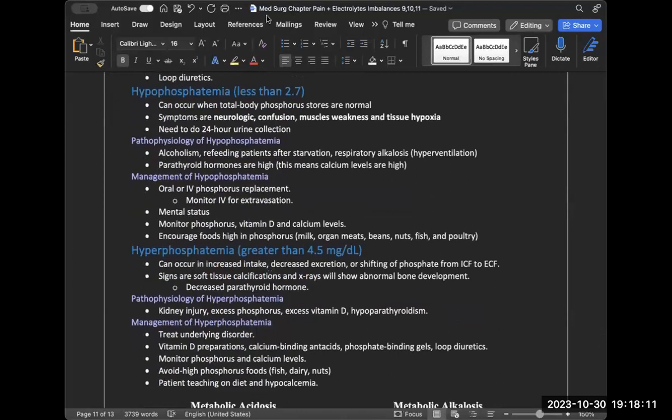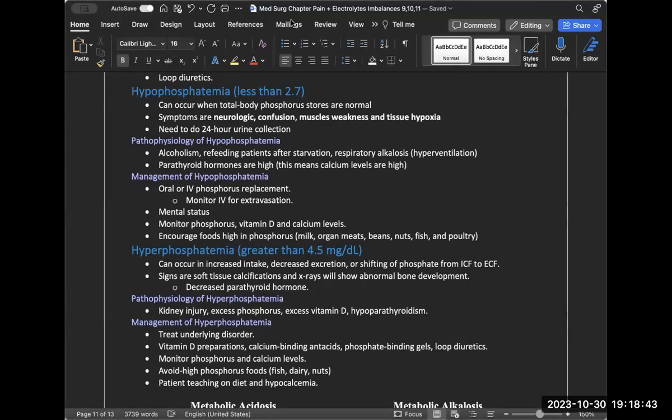Now, something that I want to also add is that phosphorus and calcium have a relationship too. Phosphorus is a tricky one because it's inverse. So when you have high calcium levels, your phosphorus levels go down. So when you have hypercalcemia, you also have hypophosphatemia, or a phosphorus level less than 2.7.